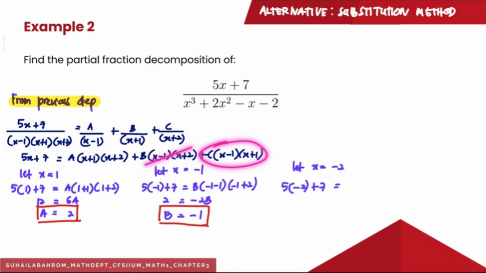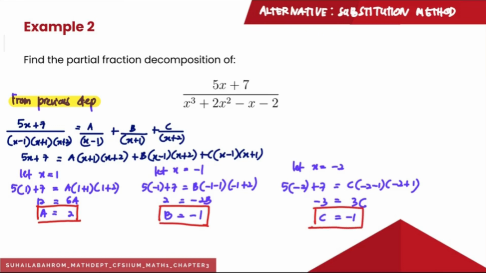What is left is only the term containing the constant C. Therefore, the right hand side equals C times (negative 2 minus 1)(negative 2 plus 1). So you will get 3C, and on the left hand side is negative 3, and therefore C equals negative 1. So the answer should be the same as the previous method.